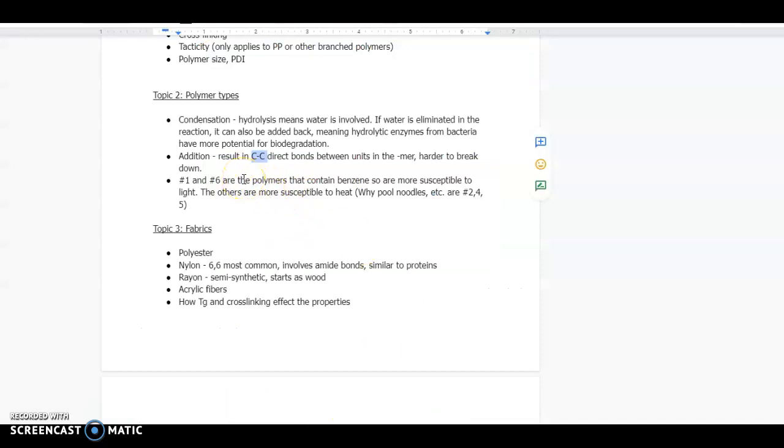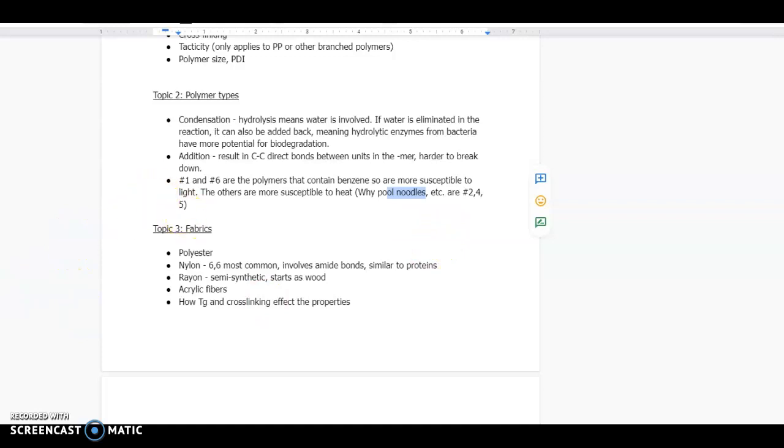Remember that 1 and 6 are the polymers that are more susceptible to light. So we learned just yesterday that pool noodles, for example, usually are polyethylene. They might be expanded polyethylene, meaning they have more air stuck in them to make them fluffier.